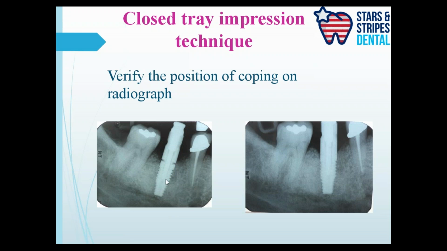And look here, this is not a correctly positioned coping. And how do I find that out? Because look at this, there is a small gap here between the impression post and the implant platform. There's a small minor gap. That means my post is not all the way sitting on top of the implant. Now what happens? Let's say I don't take the radiograph, okay? If I don't check it, I feel clinically everything is fine.